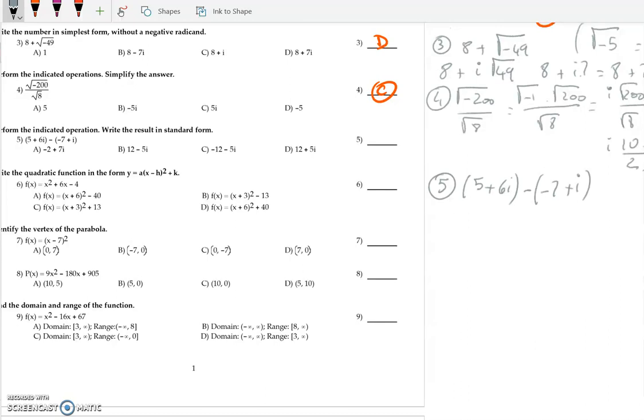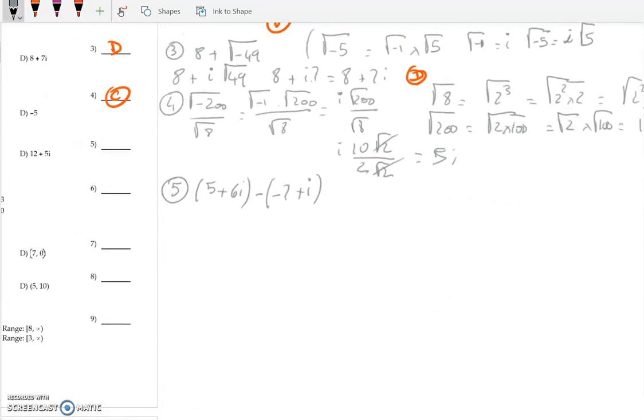Well, first of all, I want to get rid of the parentheses. Pretty easy to get rid of the first parenthesis. So I end up with 5 plus 6i, nothing changed. But when I want to get rid of the second parenthesis right here, I need to distribute my negative 1 and end up with plus 7 minus i.